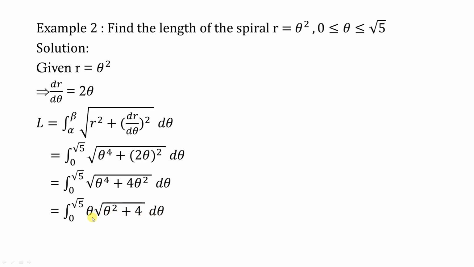This is of the form square root of t into dt by 2. The integral of square root of t is t to the power 3 by 2 divided by 3 by 2. We take the half outside because of dt by 2. So t, meaning theta squared plus 4, to the power 3 by 2 divided by 3 by 2, with limits 0 to root 5.